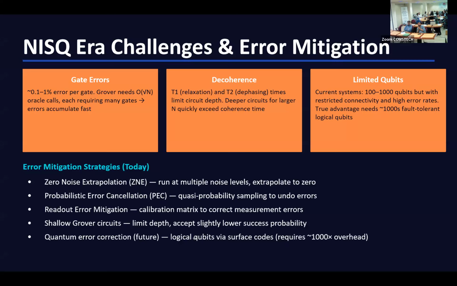In the NISQ era, the challenges we have right now to implement Grover's algorithm are the gate errors, and second is decoherence. Decoherence means you can say it's an impurity or an error inside your quantum computer.